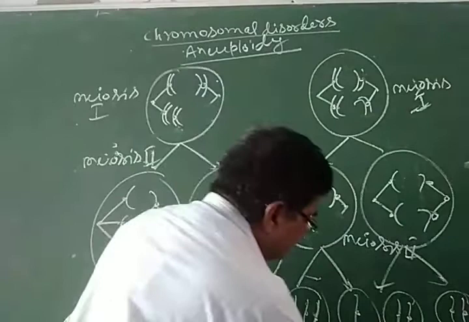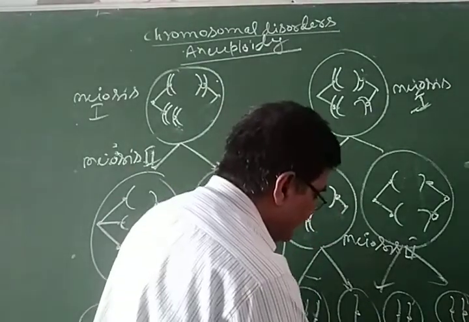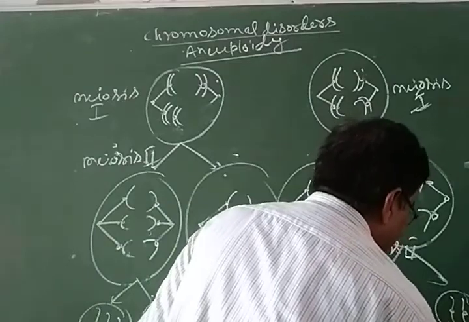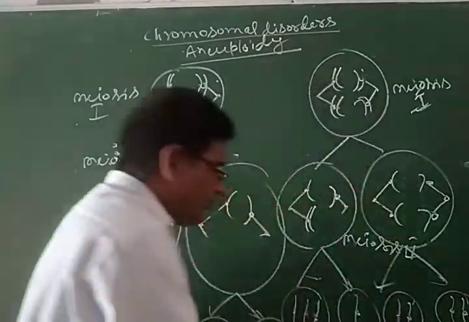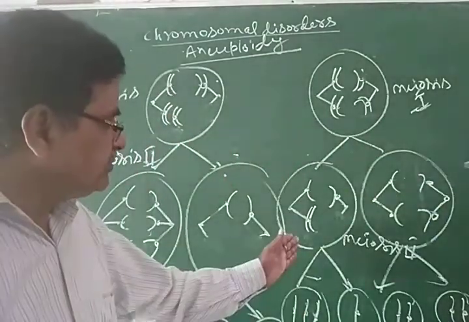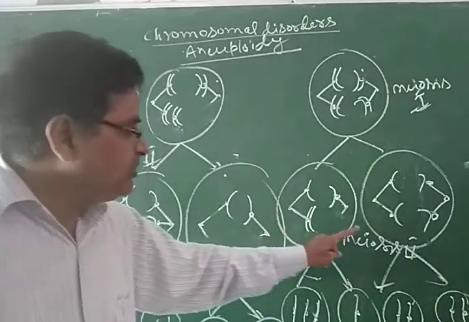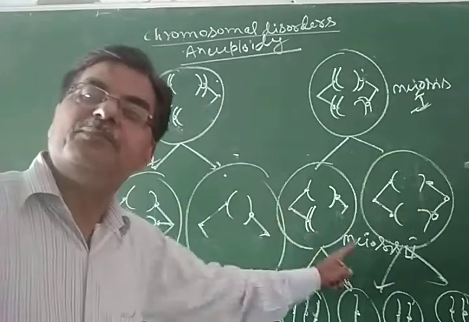This is n minus 1, and this is the normal condition, meaning n. These are the 4 types of gametes produced due to the failure of segregation of chromatids in the anaphase of meiosis second.